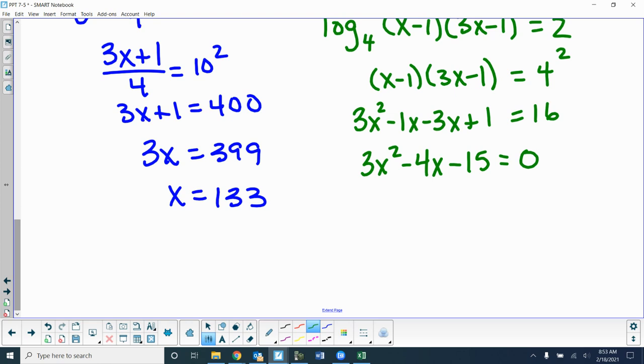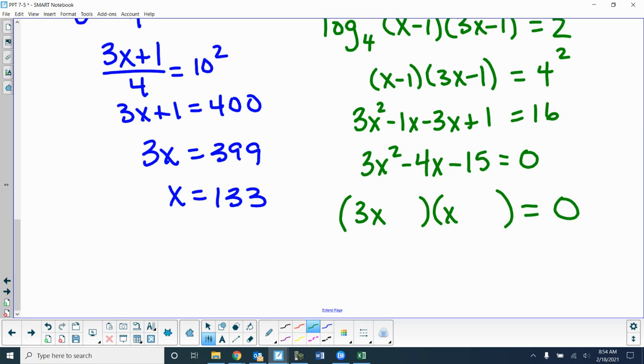Where it crosses the x-axis, right? That's nothing new for us, is it? We've spent a lot of time solving this. I want to try to factor it real quick in my head. You don't have to do it this way. You can just use the quadratic formula, or like I said, put it in the calculator and see where it crosses the x-axis.